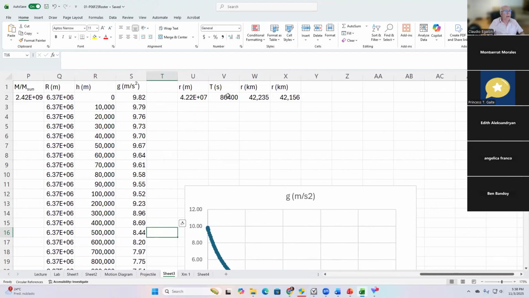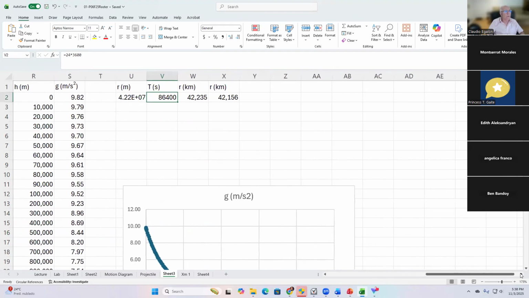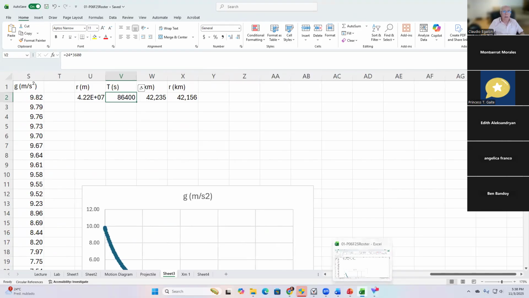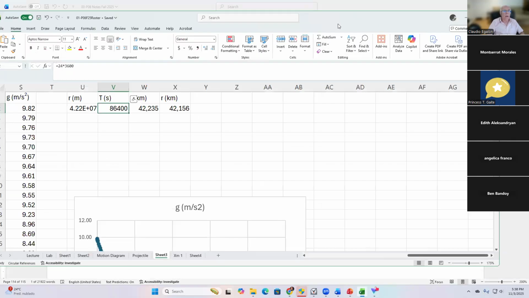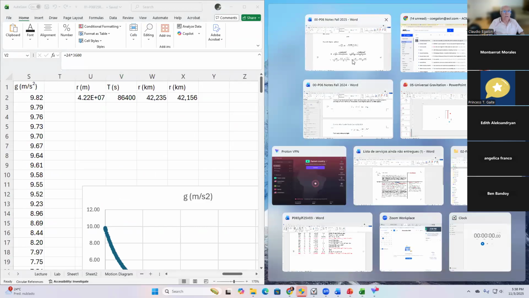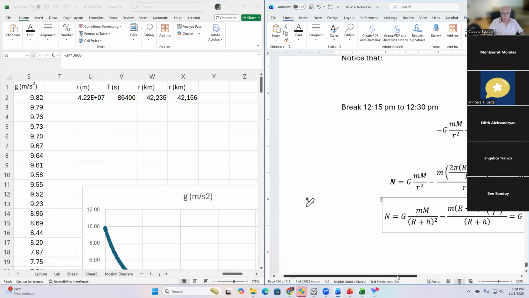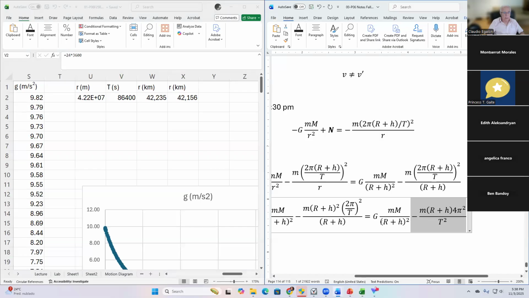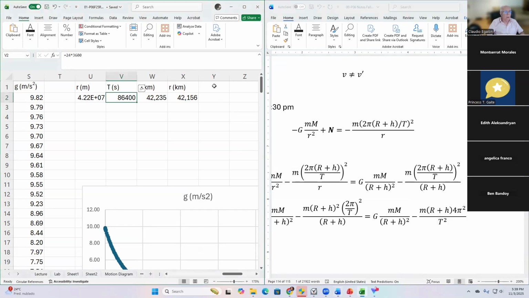We already have the period of rotation of the Earth, right? And then I gotta write down my formula. Let's see.